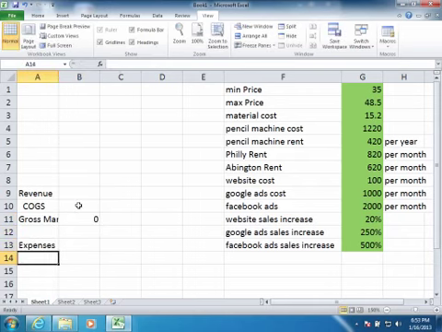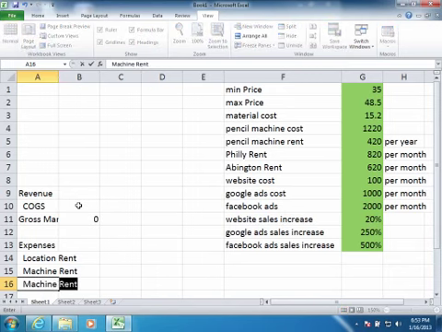And my expenses are, let's see, what expenses does she have? She has location rent, whichever one she ends up picking. She also has machine rent if she chooses to rent the machine, machine depreciation if she chooses to buy the machine.